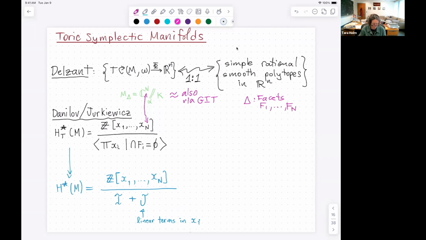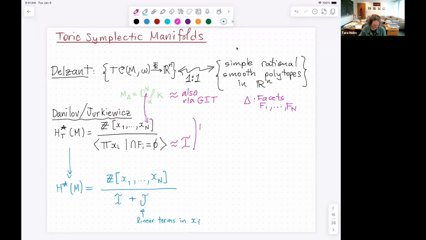And the relations in this ring are simply that whenever I have a collection of facets that do not intersect, then I throw that monomial into an ideal. We'll call this I.